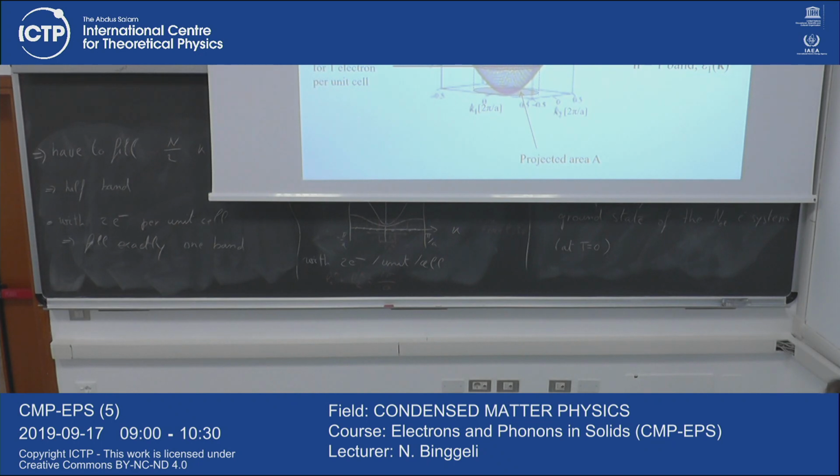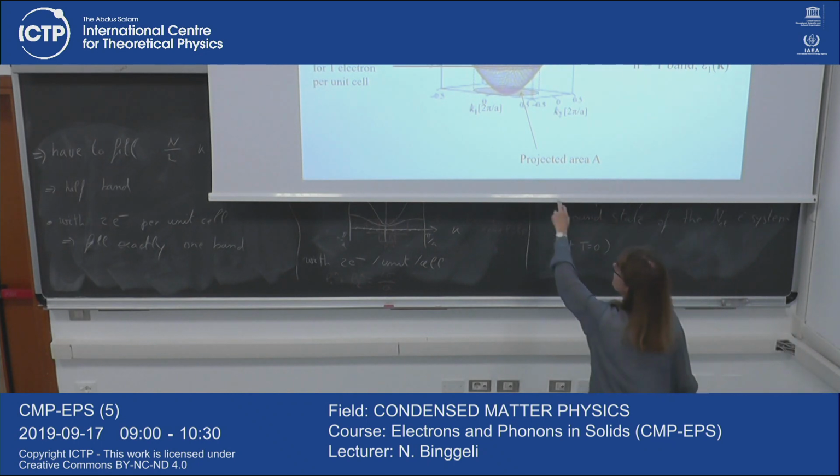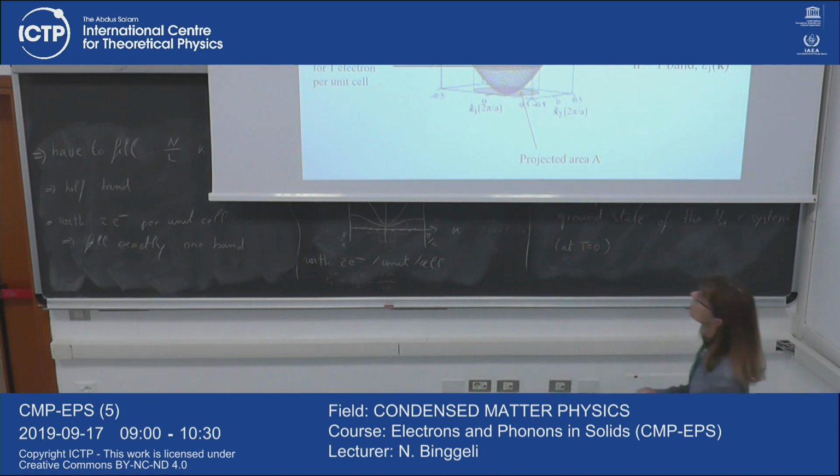So 1/2 of (2 pi over a) squared is the area I should have here in order to have the number of electrons, 1 electron per unit cell times the number of unit cells in my crystal.